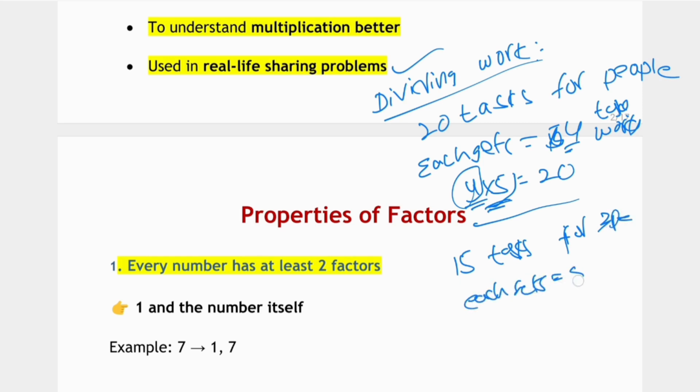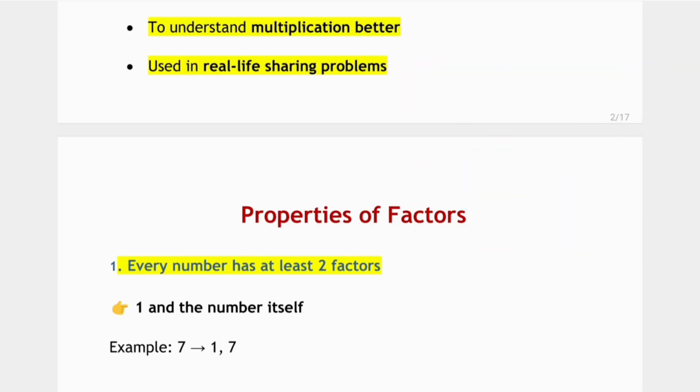Each gets 5 tasks, because 3 into 5 is equal to 15. So is it clear?